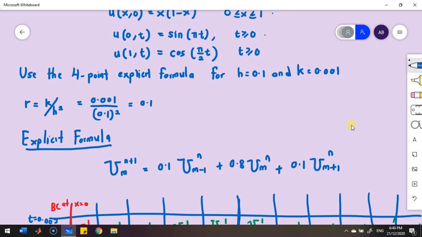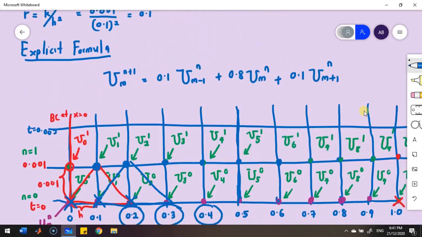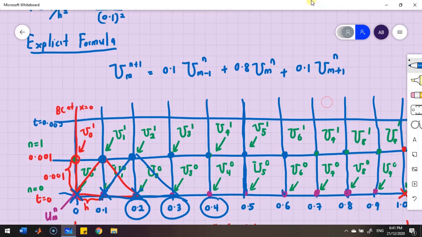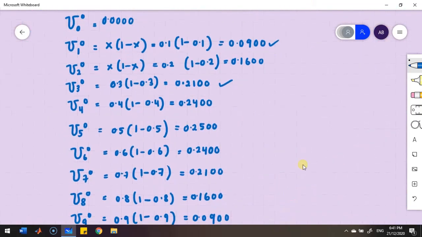Okay, so to solve this heat equation, you can also use a different formula. There is also a 6-point formula. Let me just write it down.